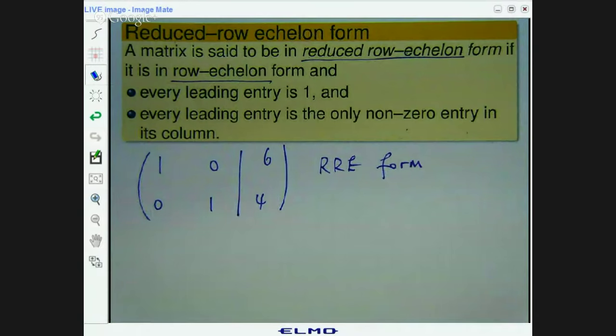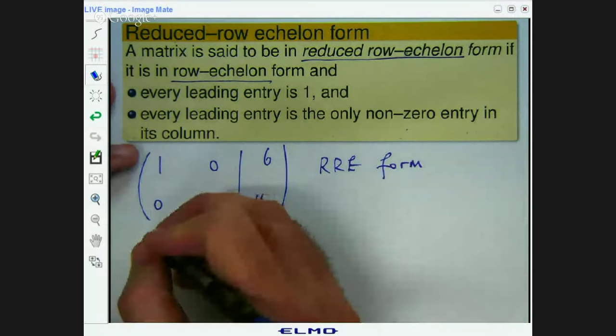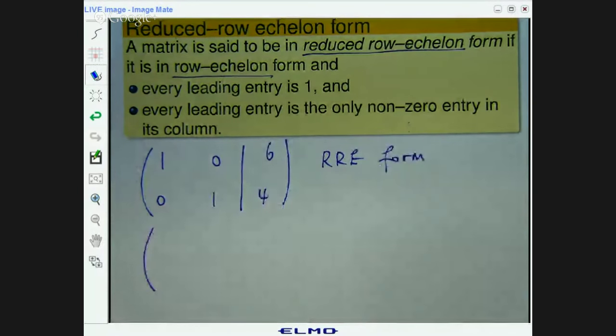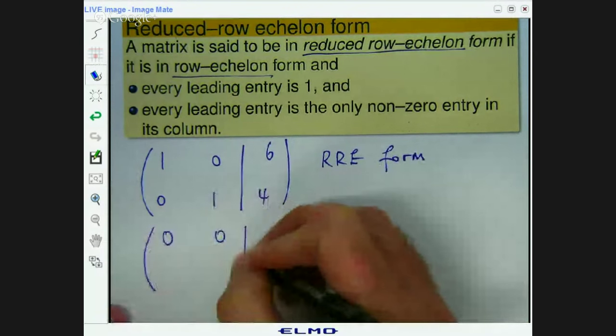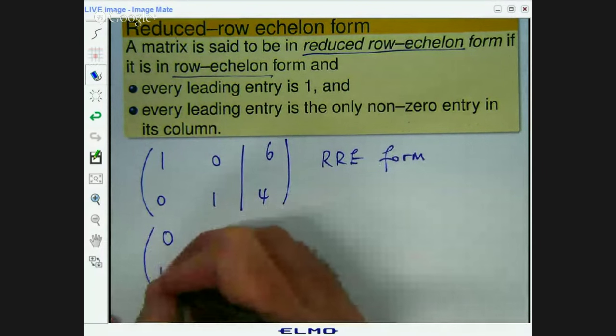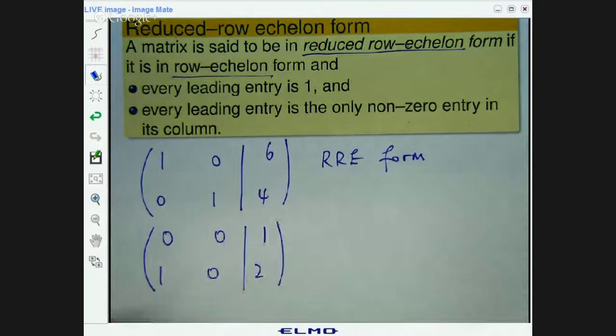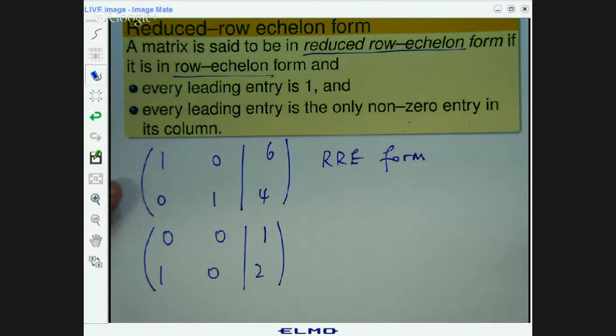Okay, what about something that's not? Let's go with this one, 0, 0, 1, 1, 0, 2. Now, I claim that that's not reduced row echelon form. Why? Because it's not in a row echelon form.